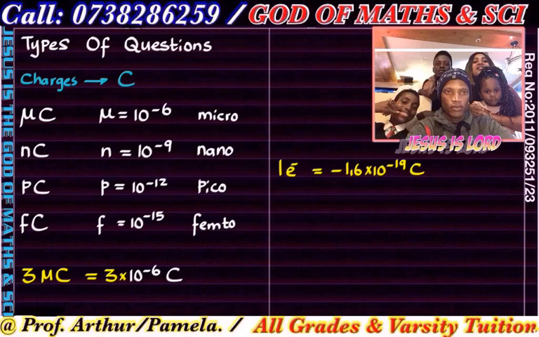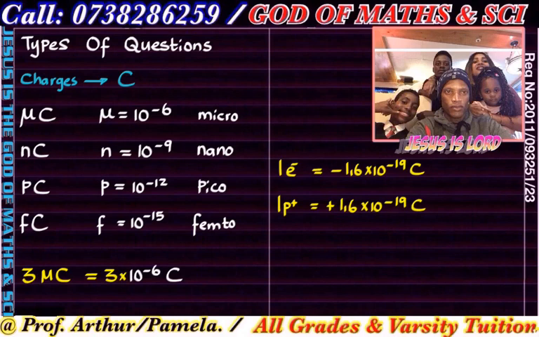So how about a proton? A proton is positive. So one proton carries the same number because it's a charge. The only thing, we just put a positive sign. So it's 1.6 multiplied by 10 to the negative 19 coulomb. All right, now listen to me.